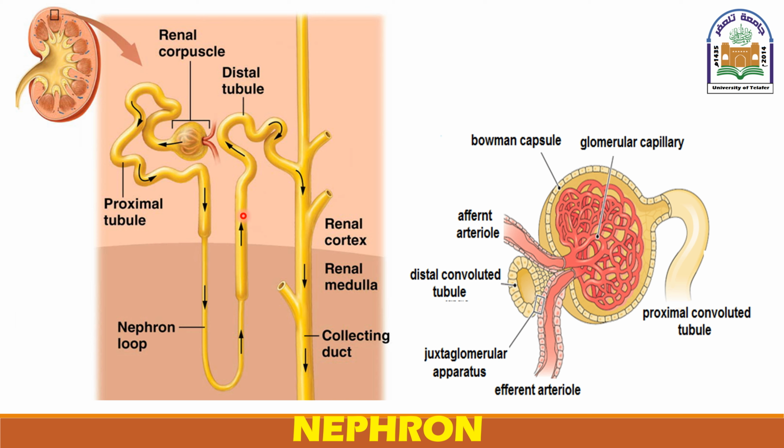The third part of the tubule is the distal convoluted tubule. Look here, the distal tubule comes in close contact with the renal corpuscle, with the arterioles. These are the arterioles, afferent and efferent arterioles. And here is the location of the juxtaglomerular apparatus. We shall discuss this later.